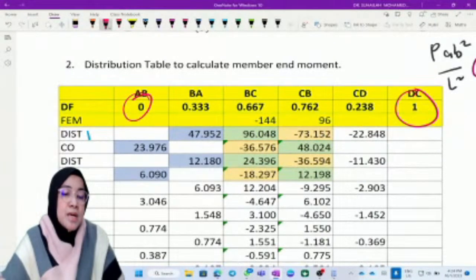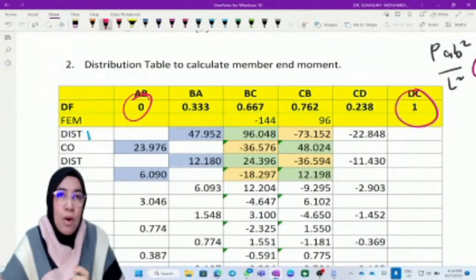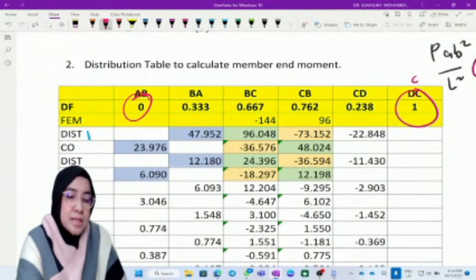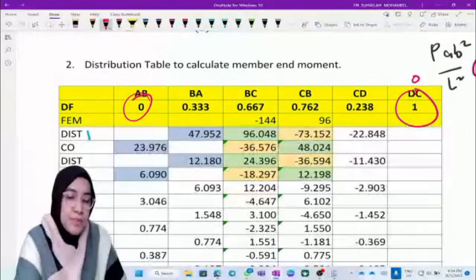Because for pin and roller, the carryover factor is 0. The rest are all 0.5. Only fixed ends have factors to carry over.